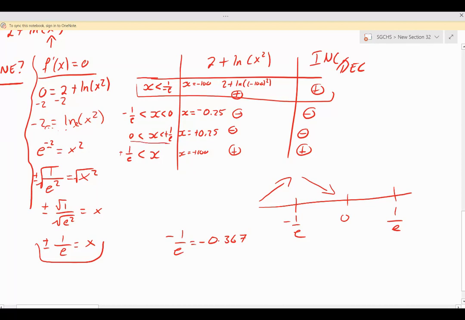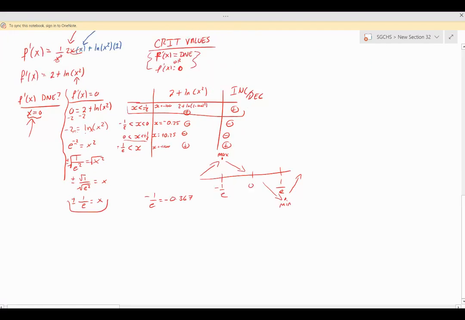And that's the same for when x is between 0 and 1 over e, you're also decreasing. And then when x is greater than 1 over e, you're increasing. So here we have a candidate for a max point, and here we have a candidate for a min point on our original function. So how do we determine those?